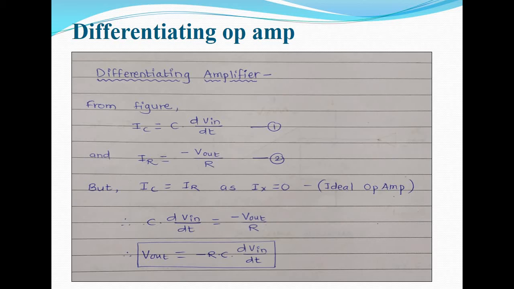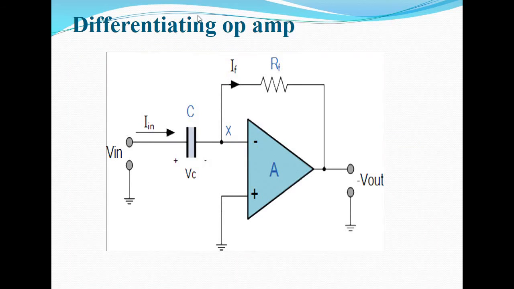So let's derive an equation for the voltage at output. From the figure you can see Iin. We can say the current through this capacitor is IC, this is X, the virtual ground. IF is the current through this feedback resistor, the feedback resistor RF.